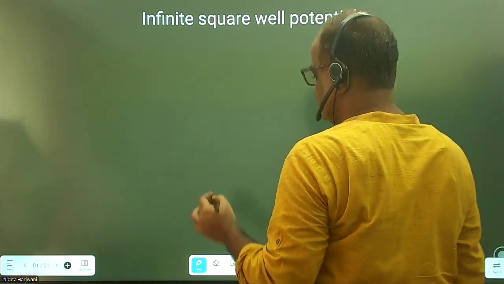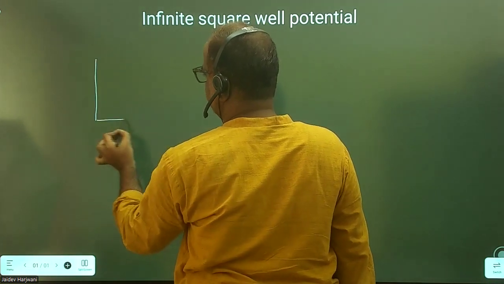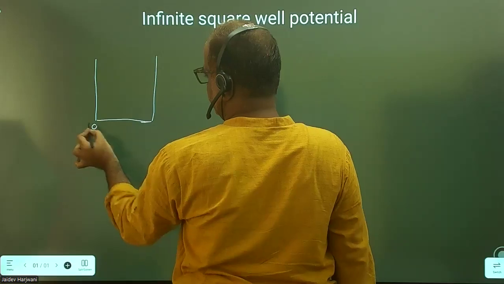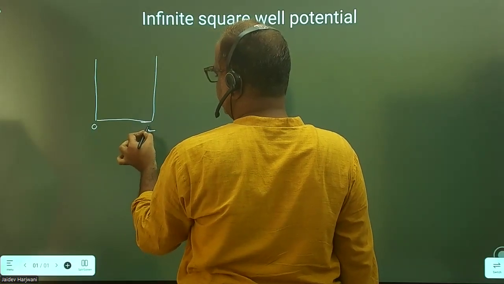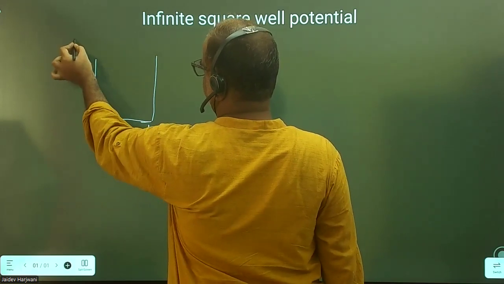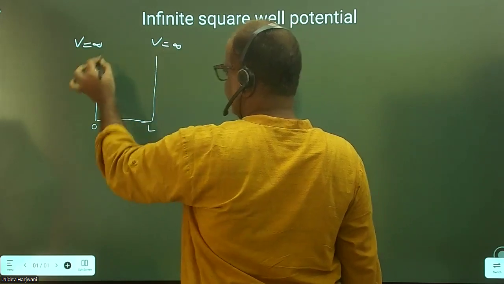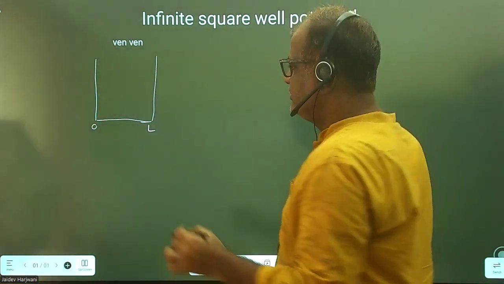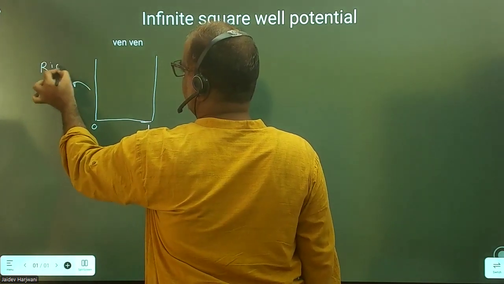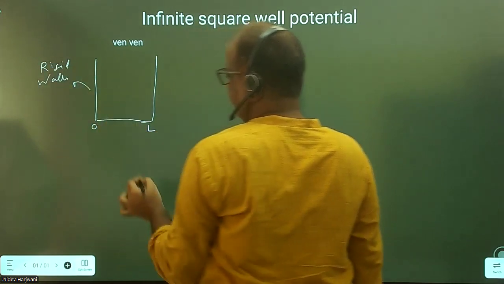Square potential means your particle is trapped inside a well. Say the well is one-dimensional, with a certain length. At the boundaries, the potential is infinite. Potential of infinity means these are rigid walls, and the particle cannot escape from the wall.